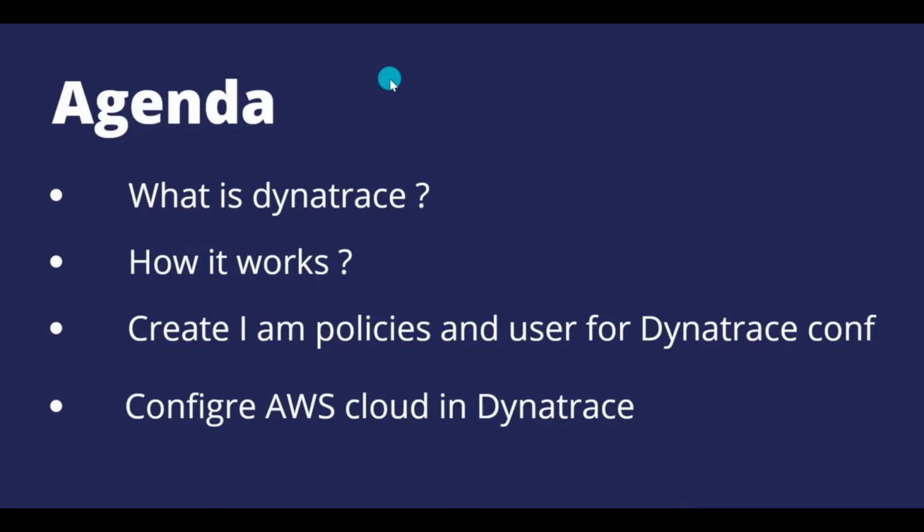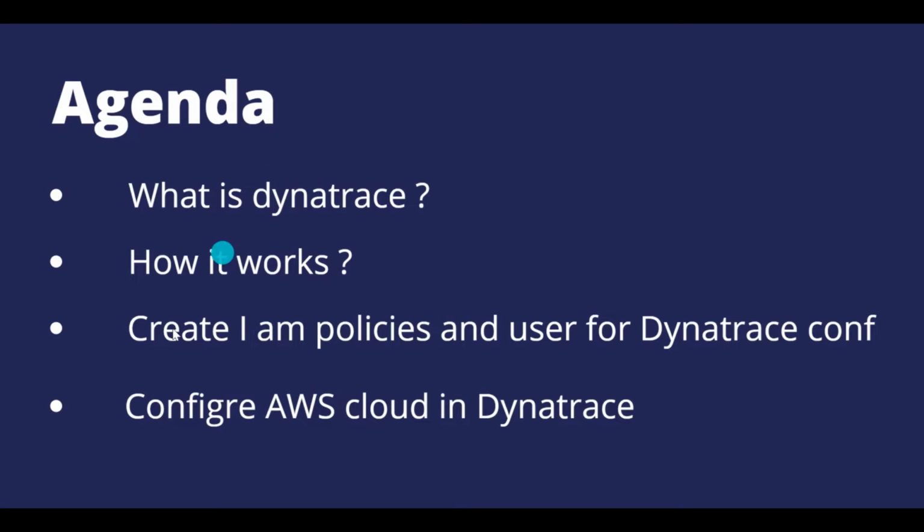So let's first focus on the agenda. Today's agenda, we are going one by one. Firstly, we will understand what Dynatrace is, where we will see the explanations. Then after that, we are going to understand how exactly Dynatrace works, and we are going to understand that through the architecture diagram.